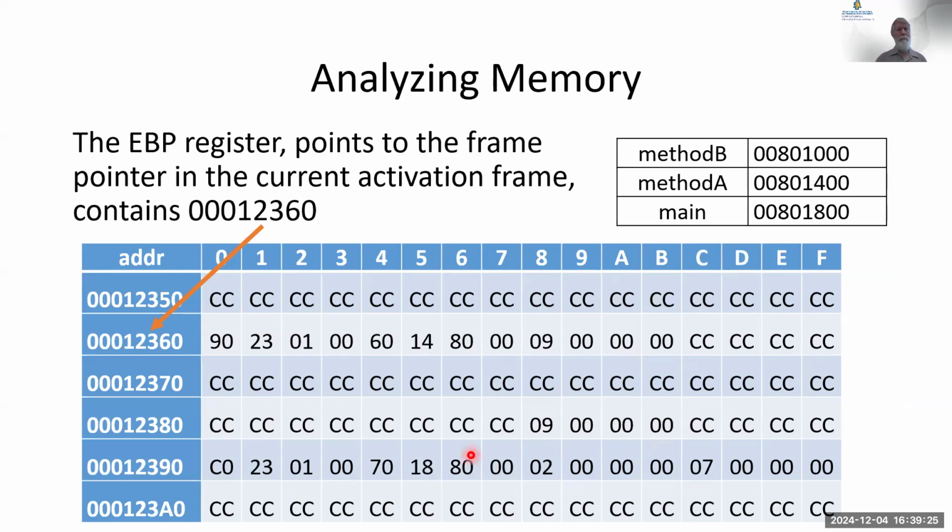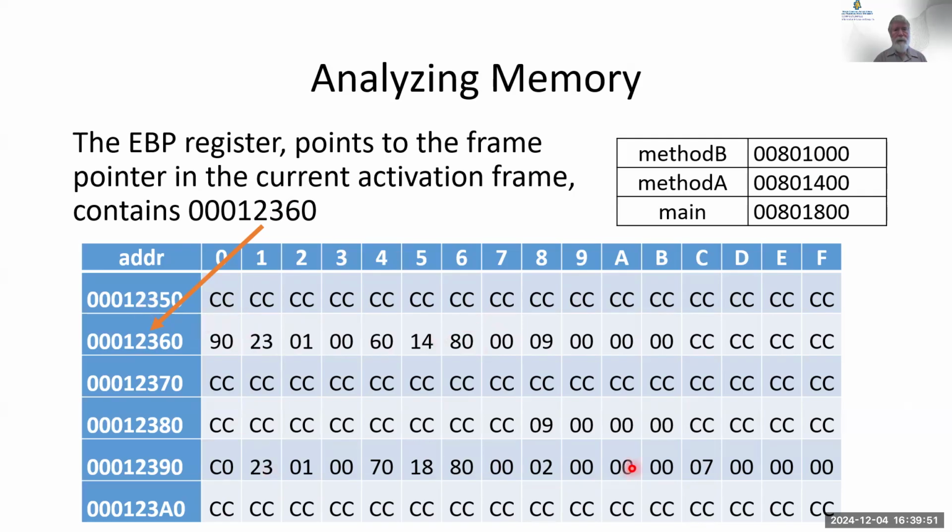It points to the frame pointer at the current time. What is the current frame pointer? When a program accesses its local variables in the method, they are referenced off the EBP register, the frame pointer. Okay, so the frame pointer, let's say, is pointing to 12360, which is this address in memory.